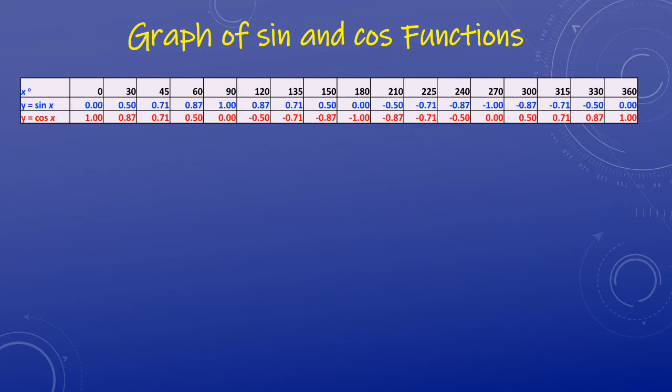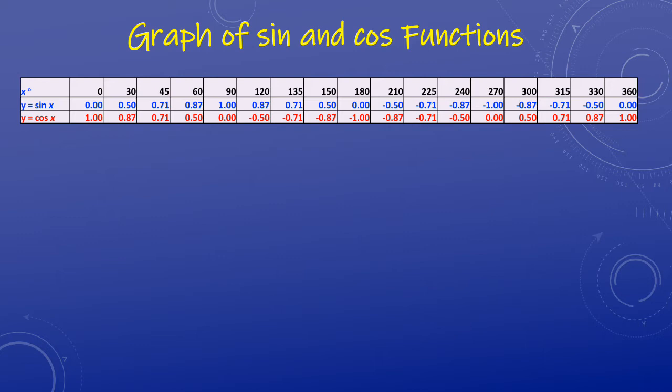Notice how the values of the sine and cosine functions stay the same: 0, 1, or 0.5, 0.71, or 0.87. The only thing that changes are the signs, SIGNS. This is to be expected through our study of special angles and ASTC.